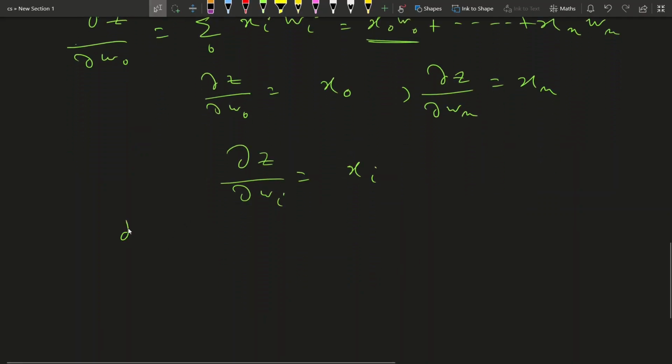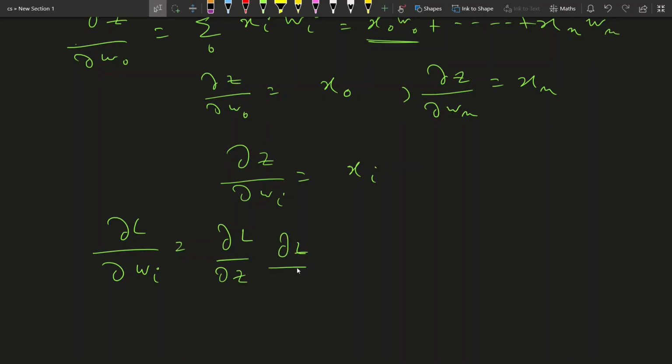So ultimately, del L by del Wi will be nothing but del L by del Z times del Z by del Wi, multiplication, chain rule. This expression we know, which is nothing but the difference between the predictions and the ground truths, multiplied by the corresponding xi.